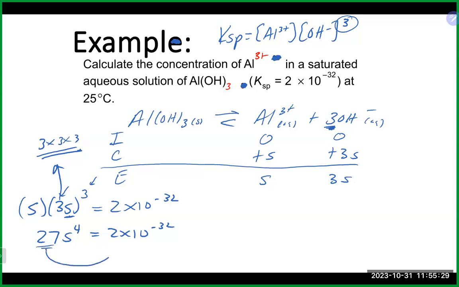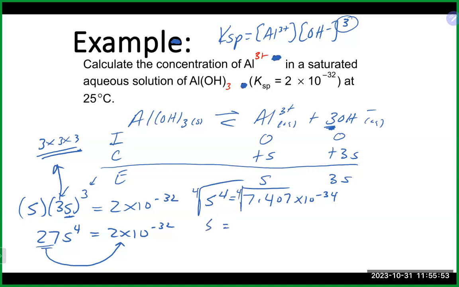We need to divide the 27 to the other side, and that will give us S to the 4th is equal to 2 times 10 to the minus 32 divided by 27, which is 7.407 times 10 to the minus 34. We need to take the 4th root on both sides, which is the power of 1 divided by 4.